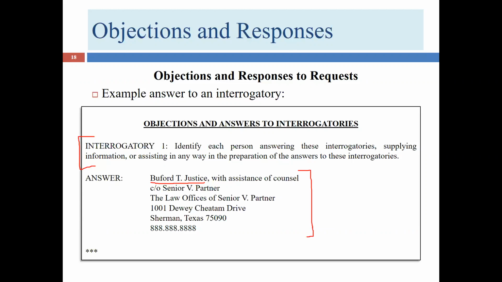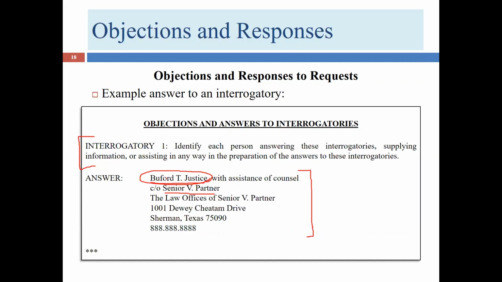And so you can see here we have Buford T. Justice, and we have the name of his attorney. And these are the people who answered these questions, supplied information, or assisted in any way. It's pretty common for there to be more names listed here. Particularly if this weren't an individual, but say a corporation who was being sued, we obviously can't really list the corporation as having any ability to answer questions.